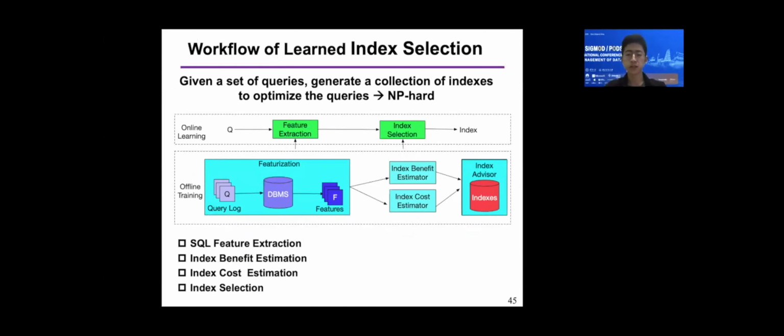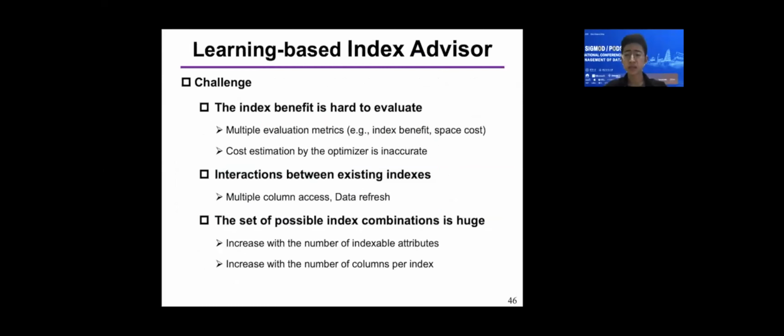Given a set of queries, you need to generate a collection of indexes to optimize the execution of queries. So it mainly includes 4 modules: the SQL feature extraction, index benefit estimation, index cost estimation, and the index selection. And we can see there are many challenges in each module of index selection. First, it's hard to estimate the benefit since there are multiple factors like execution time and the space budget.